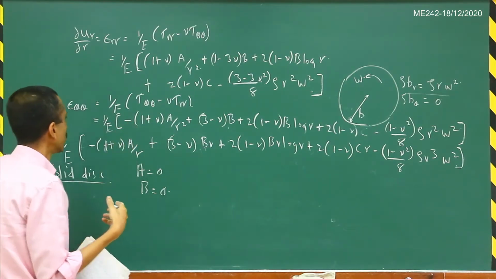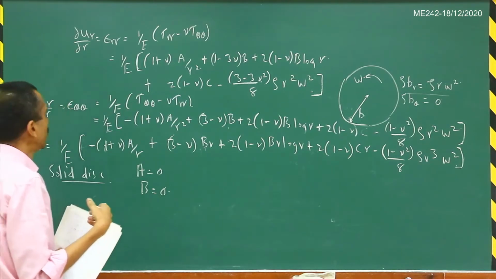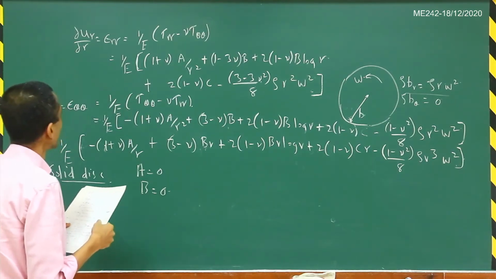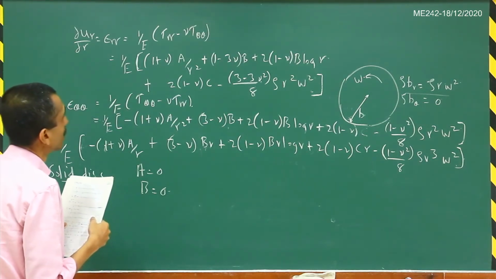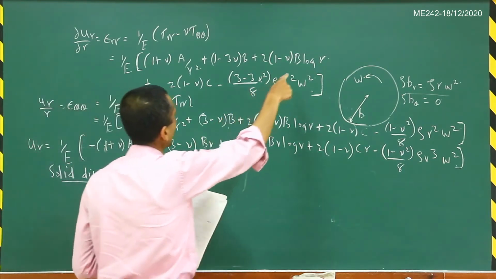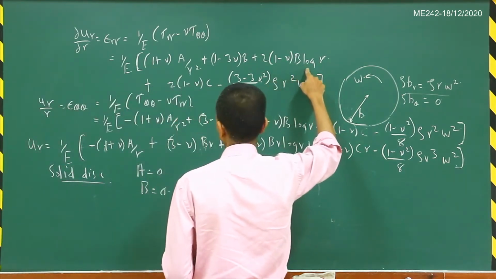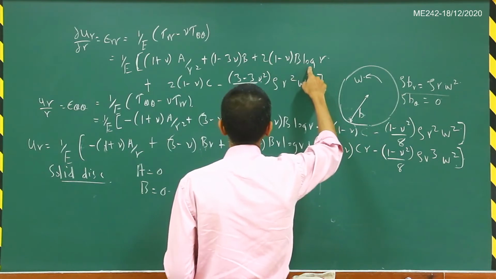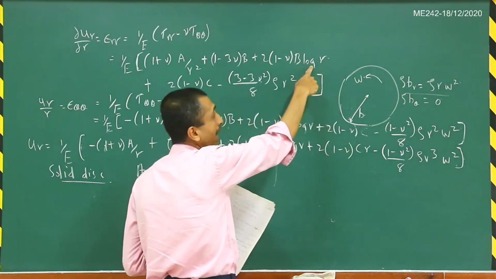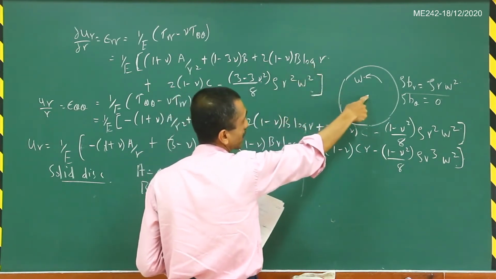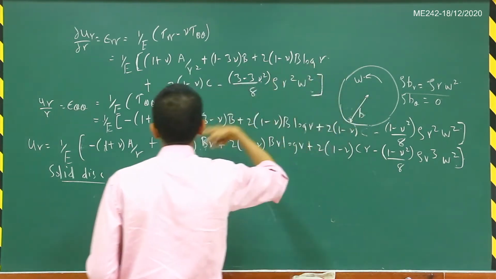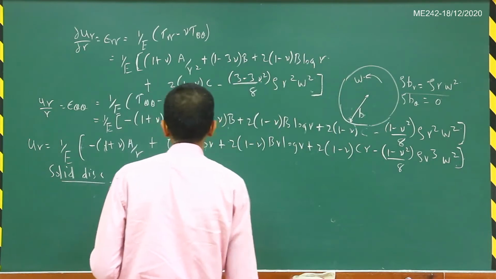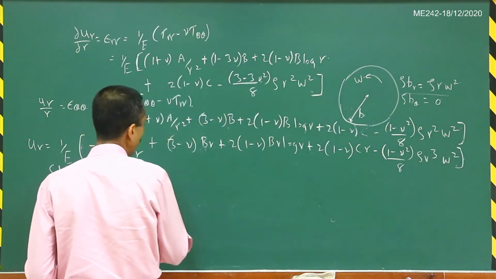So A has to be 0, and similarly, if you look at the expression for epsilon RR at R equal to 0, you can see that epsilon RR is also blowing up, and that is also unacceptable. So because of these two reasons, we need A to be 0 and B to be 0.